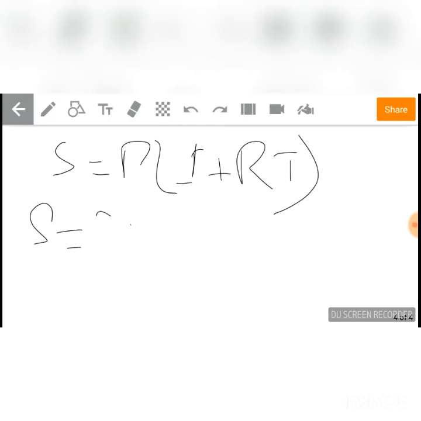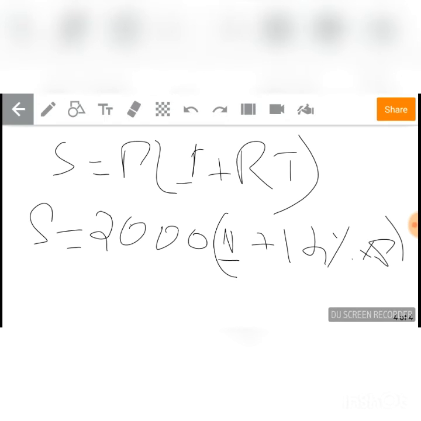So P is $2,000, the initial amount or the present value. 1 plus the interest rate of 12%, and it is for 8 years. So the answer is going to be 3920.